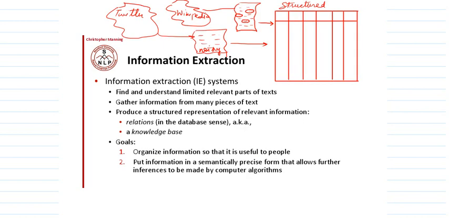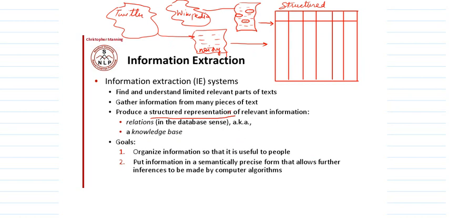So information extraction is actually finding and understanding the relevant parts of the text, gathering information from different pieces of text, and then producing some kind of structured representation. This is the structured representation.